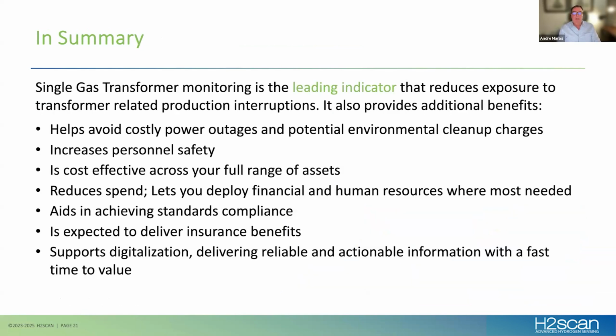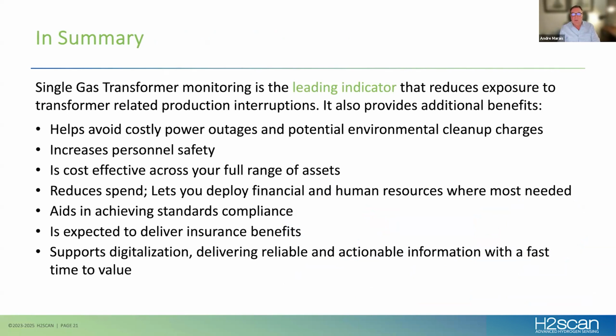So in summary, your weekend went up in smoke. And the first question, well, the question you asked once you understood what the problem was, how can you get a leading indicator? Clearly, single gas transformer monitoring is the leading indicator. It will reduce your exposure to transformer-related production interruptions, and it provides these significant additional benefits.